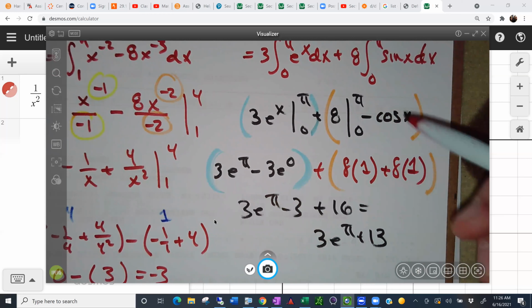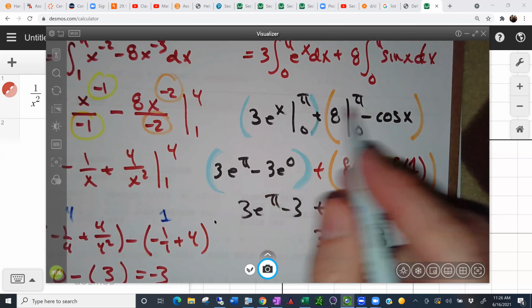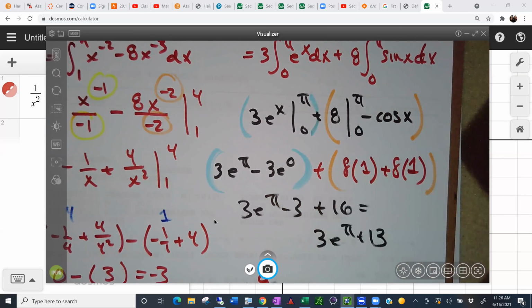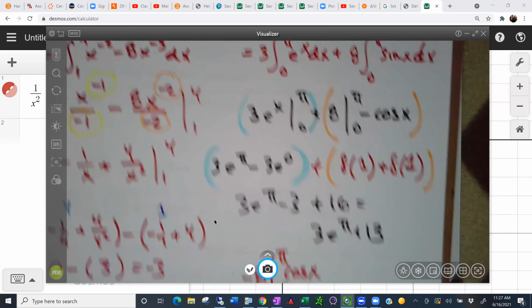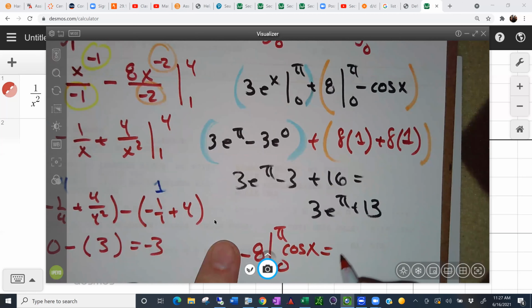In stuff like this, it might not be a bad idea to clean this up a little bit, maybe factor out the negative. So you get negative 8 times cosine of x between 0 and pi, and just leave the negative 8 out front. Negative 8 times cosine of pi would be negative 1, minus cosine of 0.